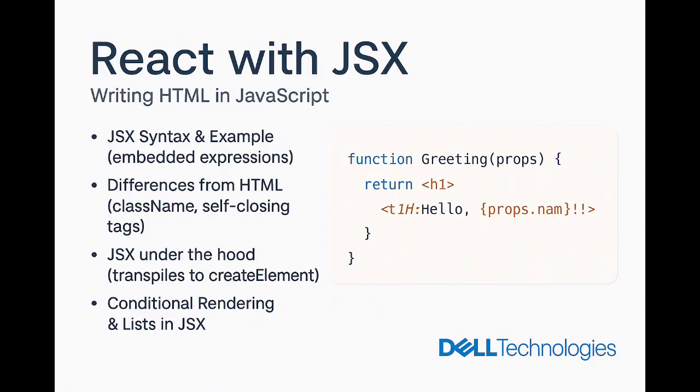JSX gotchas. A few things that occasionally surprise people. You cannot use a loop like for or while directly in JSX, but you use array methods or create an array of elements to render multiple items. The && trick, e.g., condition && <p>...</p>, will not render anything if condition is false.